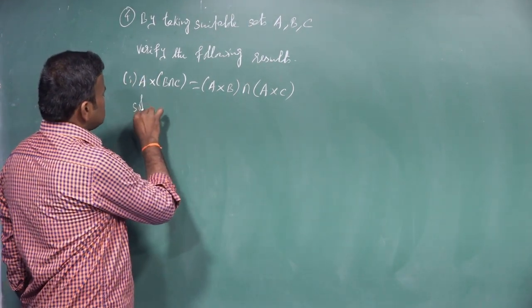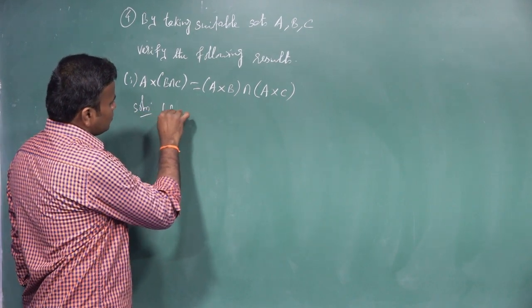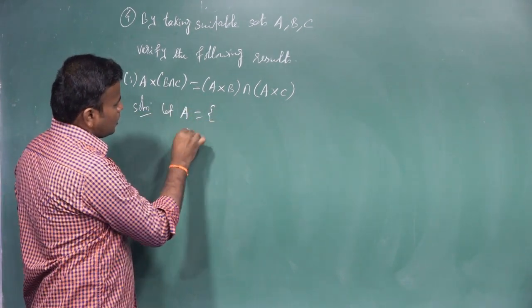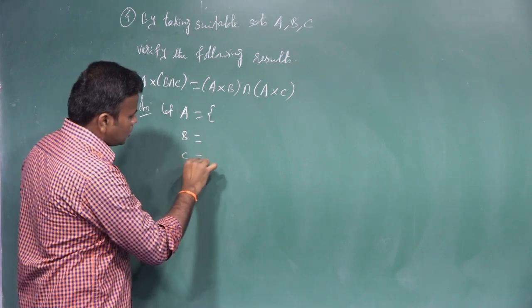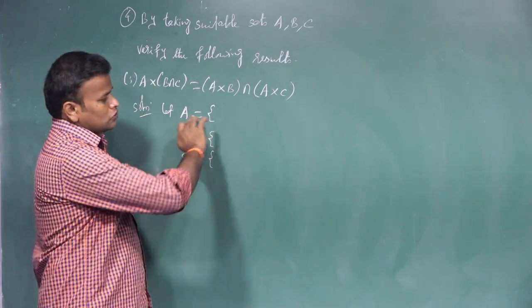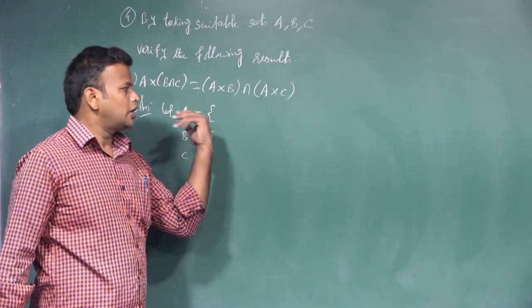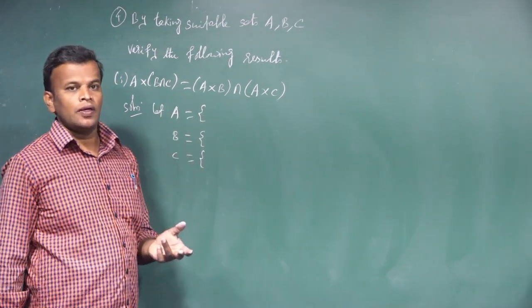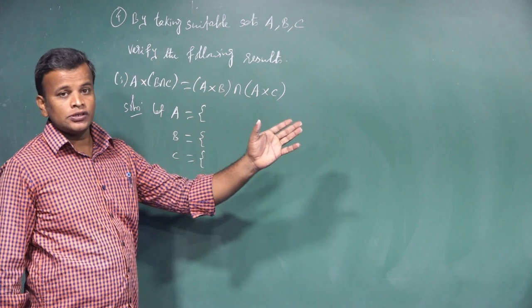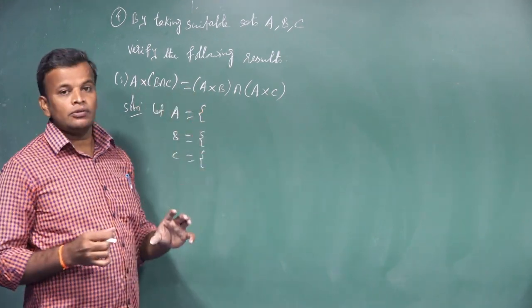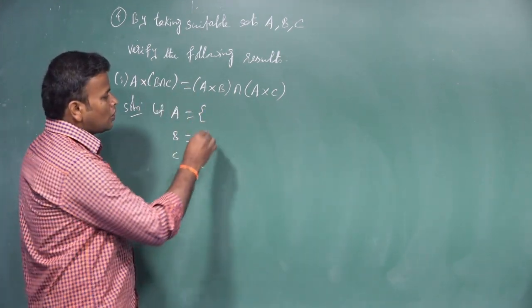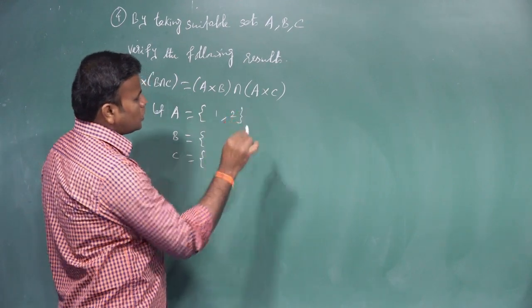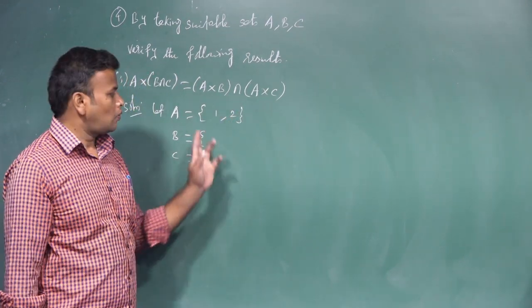The selection of the sets is our choice. So the first step is we select the sets A, B and C. You can take as many elements as you like, one element, two elements, three elements. But if we take so many elements, the number of ordered pairs will be more. So for our convenience, I will take just 2 elements in A: 1, 2.